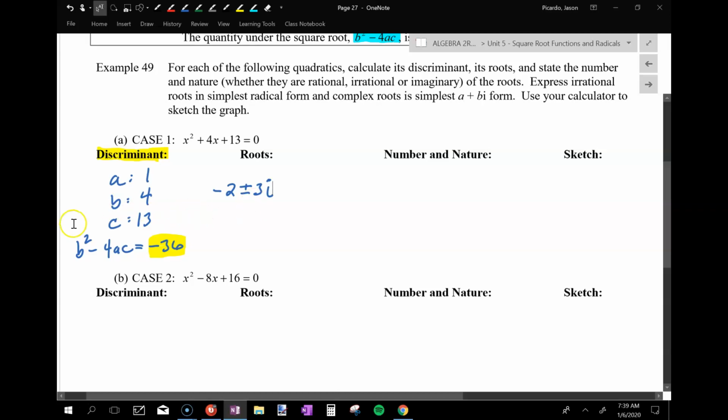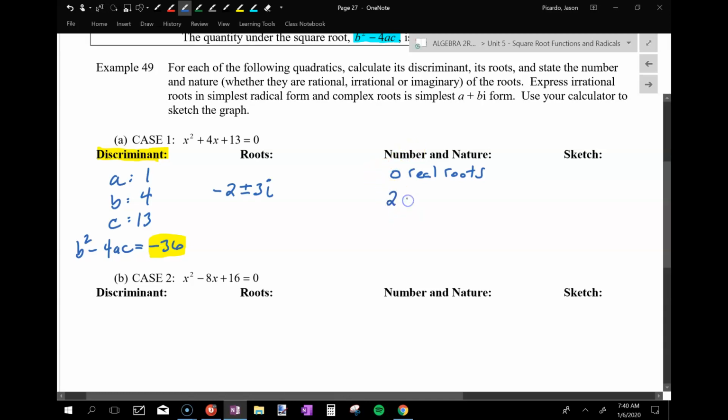If I graph this parabola, is that graph going to cross the x-axis? No, it's not. That's why the roots are what? Imaginary, right? So I'm going to have no real roots, or 0 real roots, because it asks for a number.